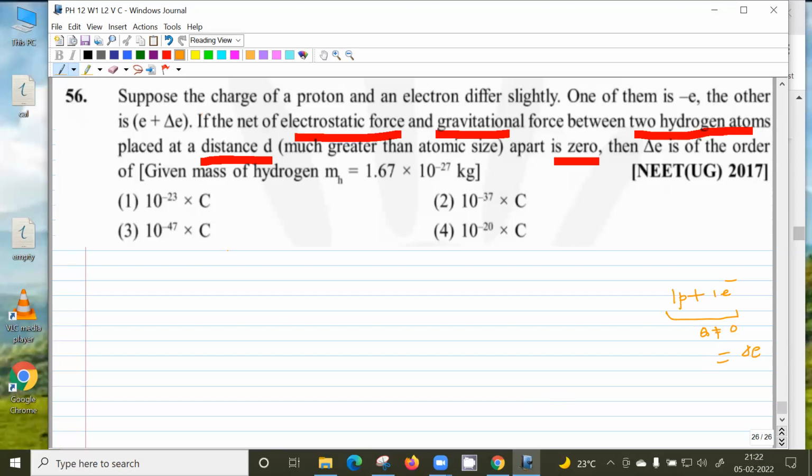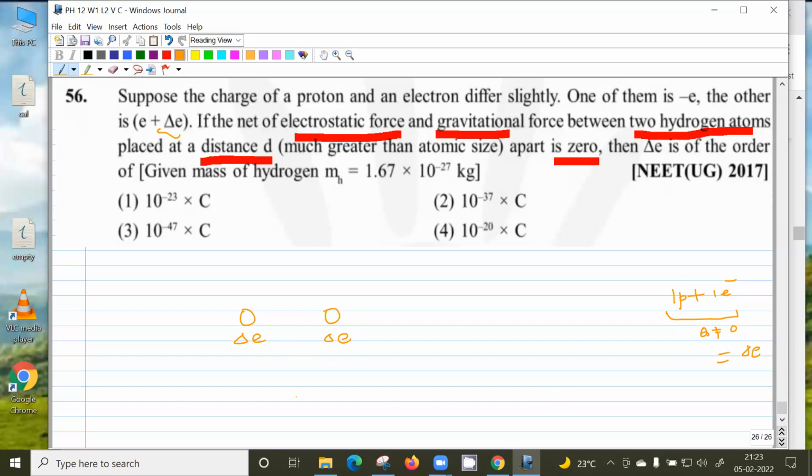Yes, sir. So here I have one hydrogen atom and here I have another hydrogen atom. What is the charge of this hydrogen atom? No charge, that's in a normal situation. But here, positive charge, and it is delta e.